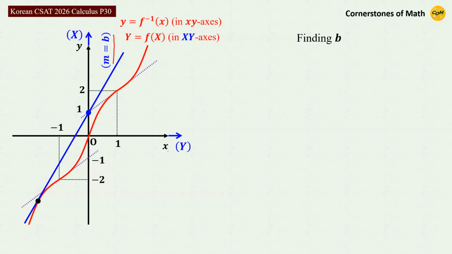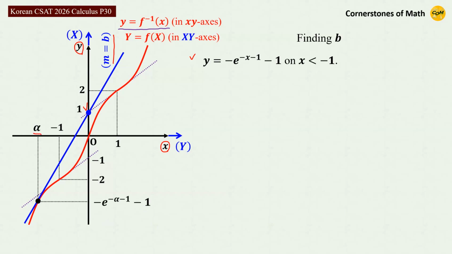We are going to think in the small xy coordinate system, that is, in terms of the inverse function, because the inverse function is in an exponential form, which is easier to take the derivative of compared to logarithmic functions. So we have this function on x less than negative 1. This is the case of a tangent being drawn from a point that is not on the curve, and you may have learned what to do in this case in your calculus course.